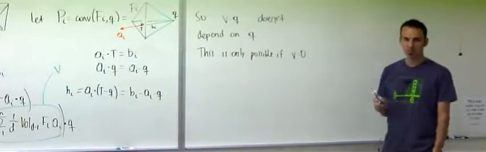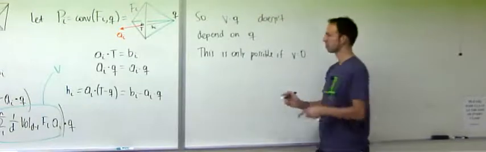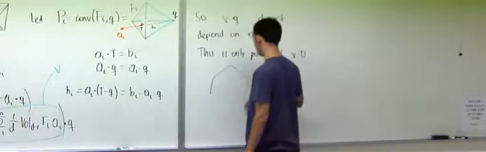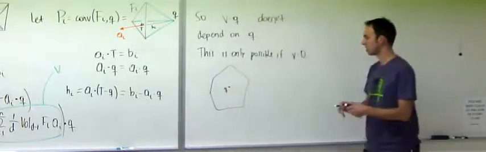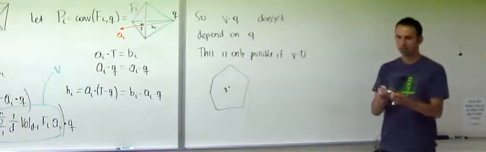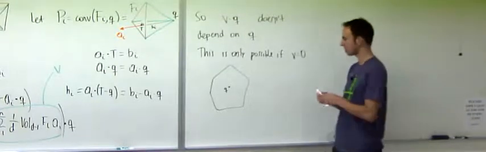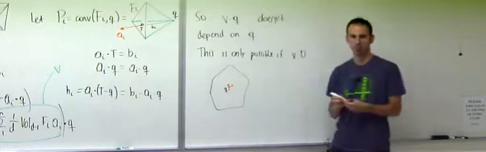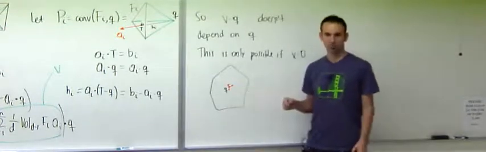Maybe let me say it a little bit differently in case you're a little bit uncomfortable about this. Q is interior. Okay? So here's my polytope. Here's Q. And now let's take tiny vectors in all the unit directions, but make them tiny enough that they don't leave the polytope.